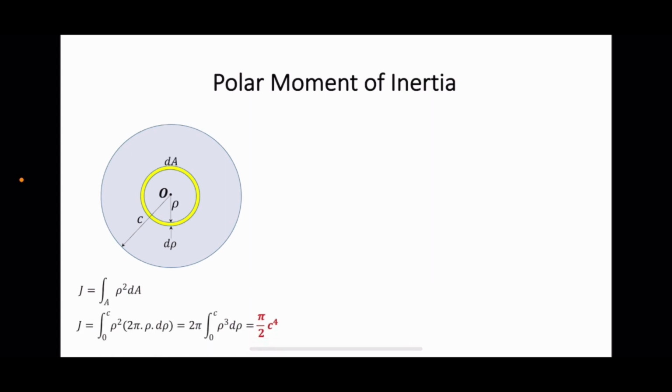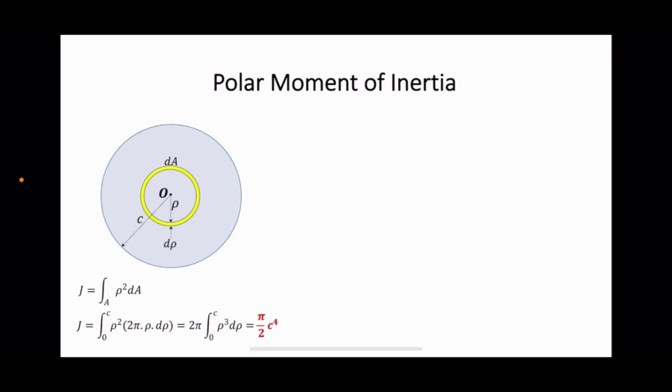Since the ring is extremely thin, its area can be determined by multiplying its perimeter or circumference with the thickness. As you can see, for a circular shaft with solid cross-section, the polar moment of inertia is equal to pi over 2 times c to the power of 4.